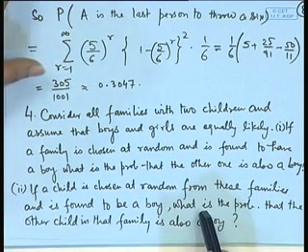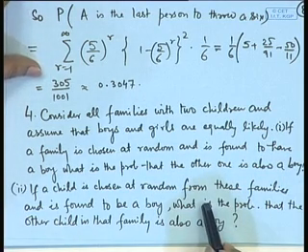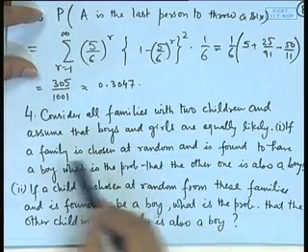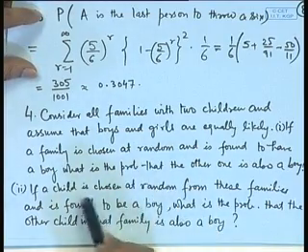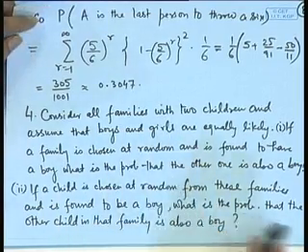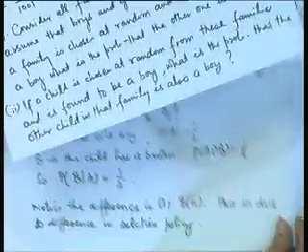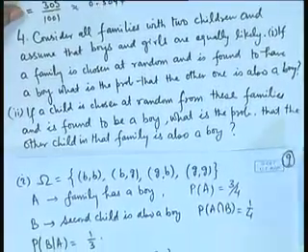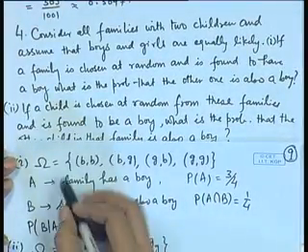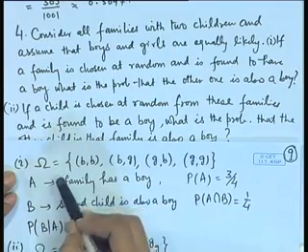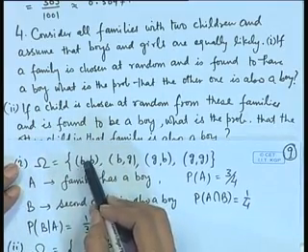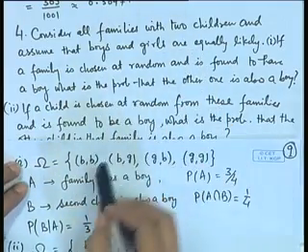Notice here that the sampling scheme is different. In the first one, the family is chosen; in the second one, the child is chosen. You will see that the representation of the sample space will be different in both cases. Let us take the first case. In the first case, we are considering families with 2 children.